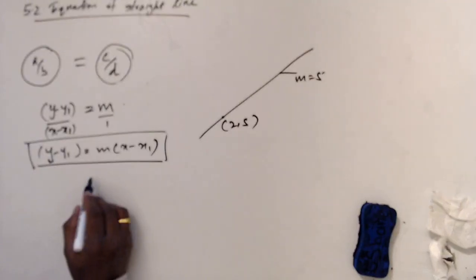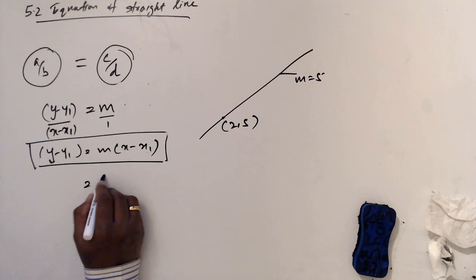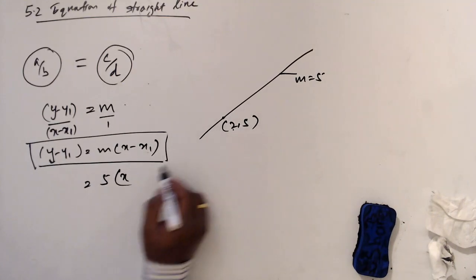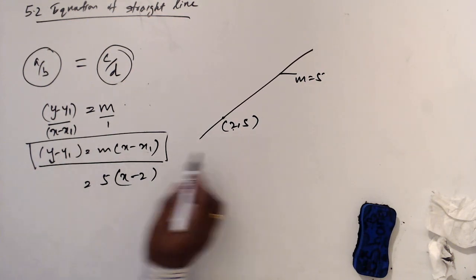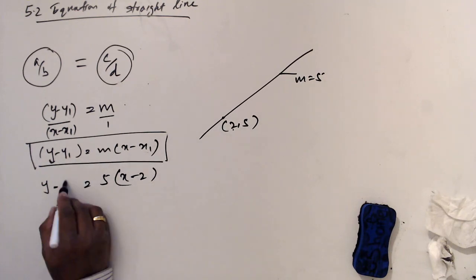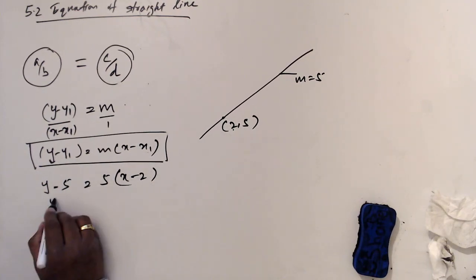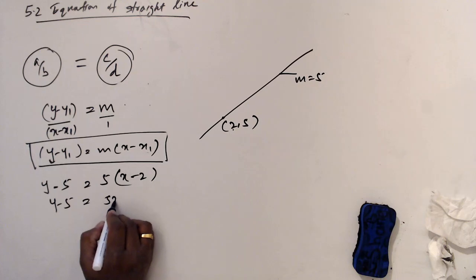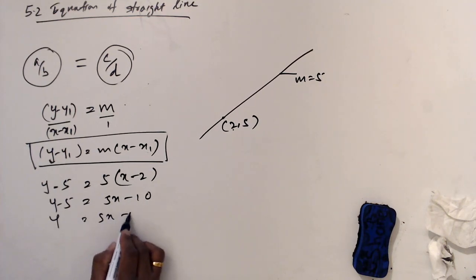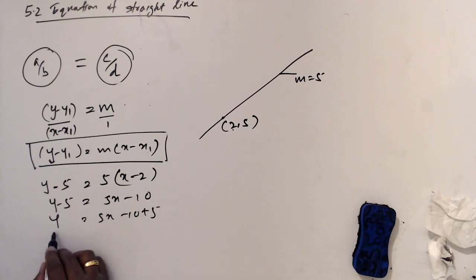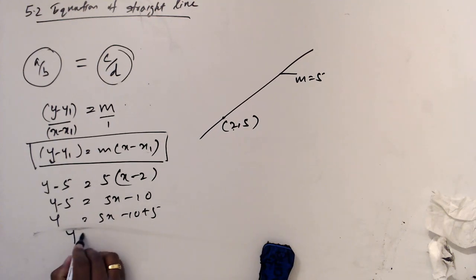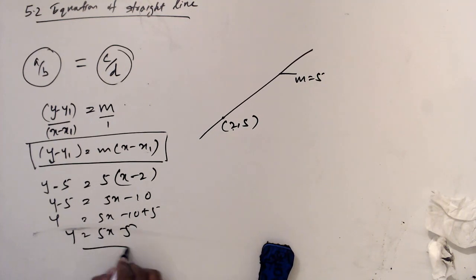Then you know m is 5, x is 2, and y1 is 5. Then y minus 5 equals 5x minus 10. y equal 5x minus 10 plus 5. y equal 5x minus 5.